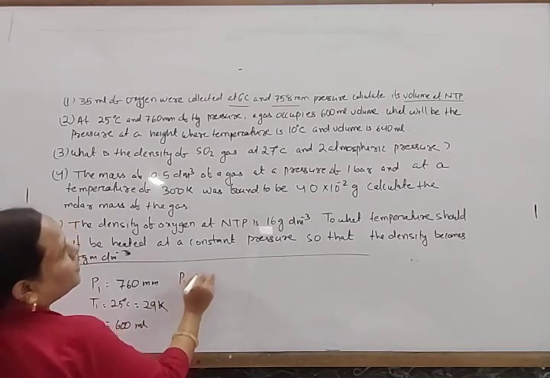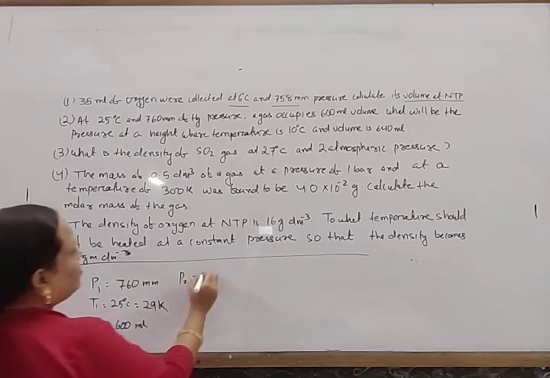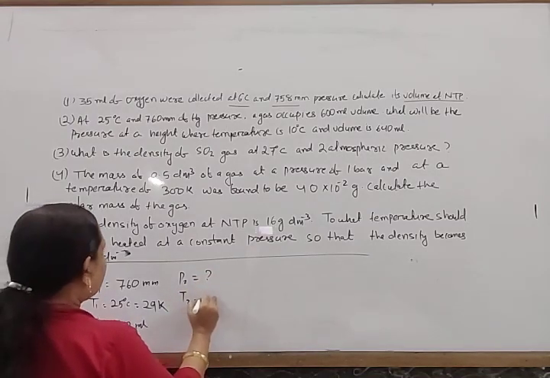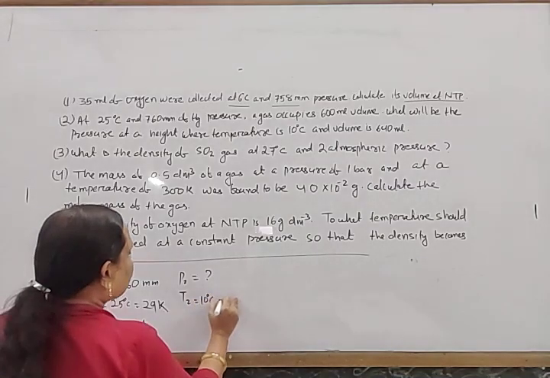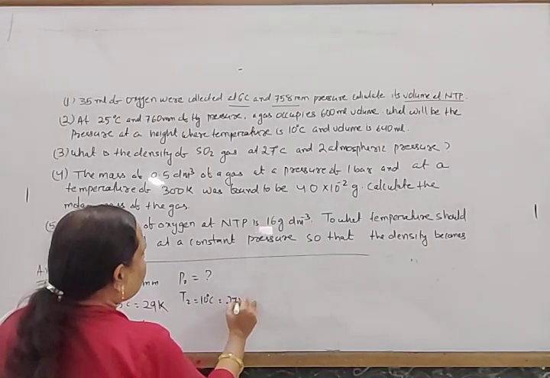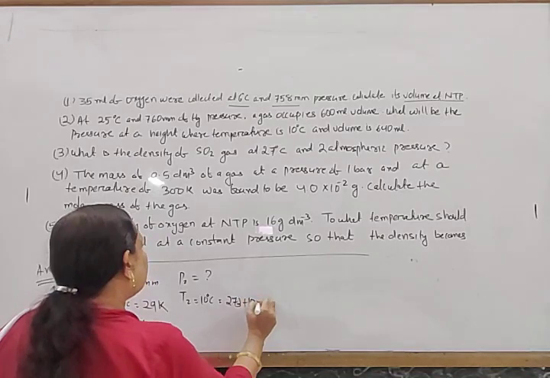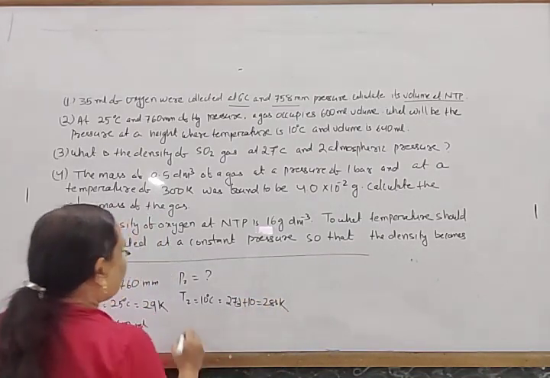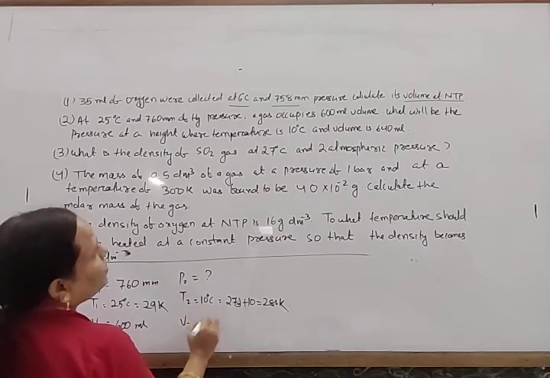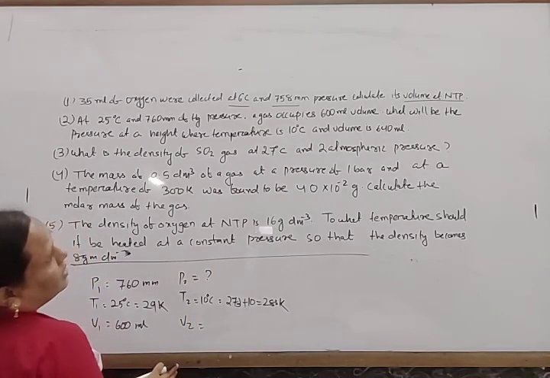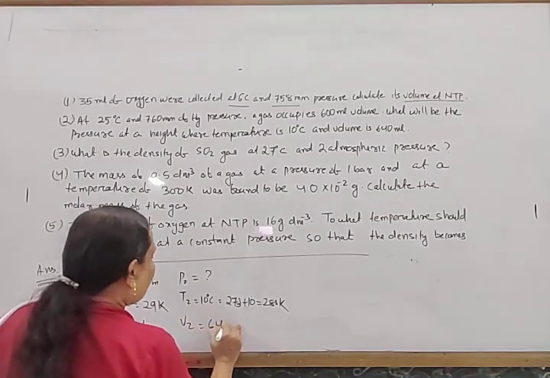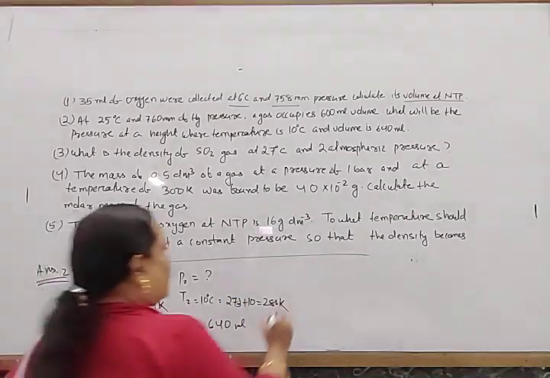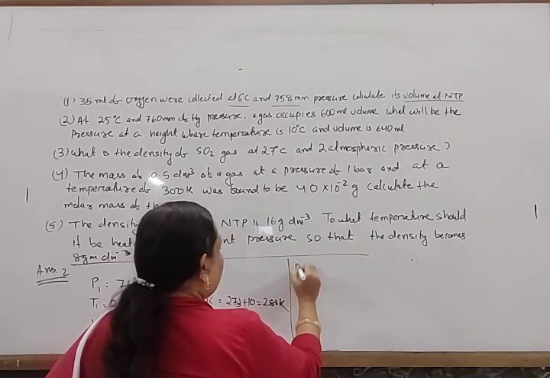You have to find P2. T2 is 10 degrees Celsius, 273 plus 10, that is 283 Kelvin, and V2 is given as 640 ml. Then we have to find P2.